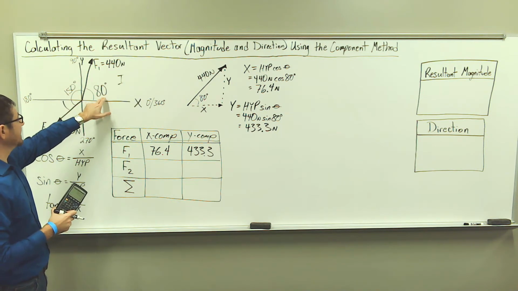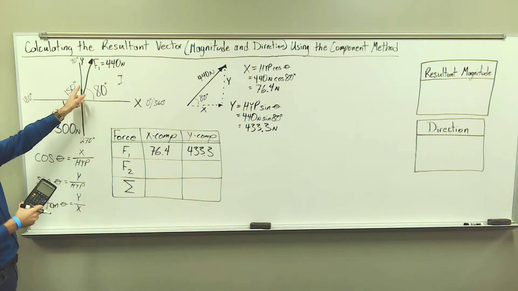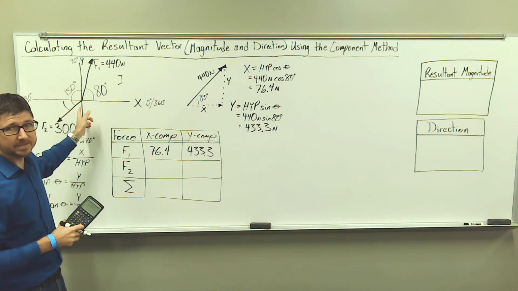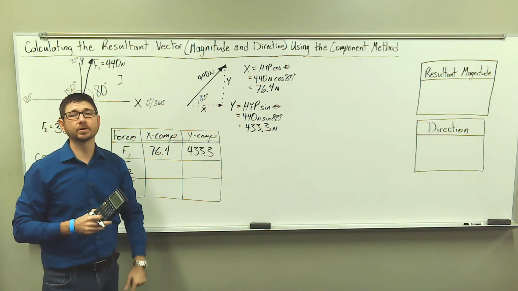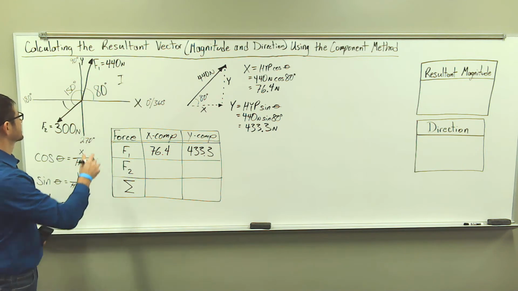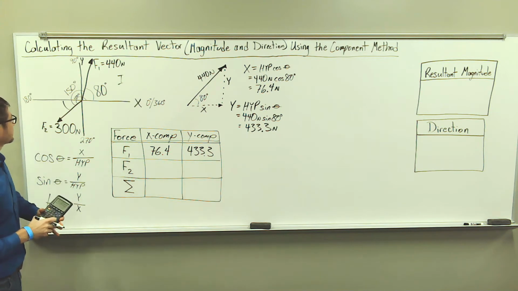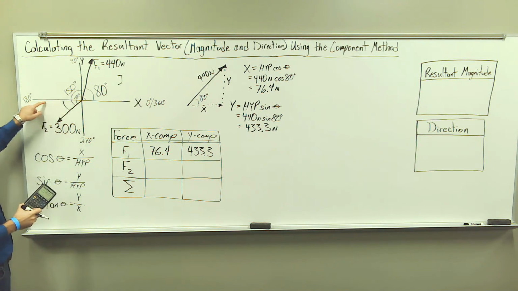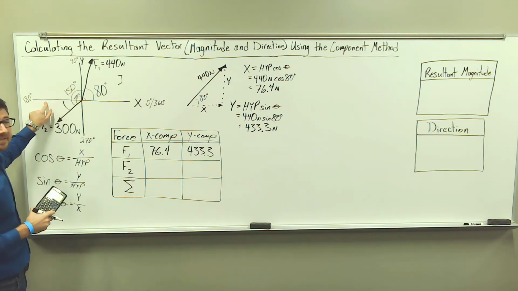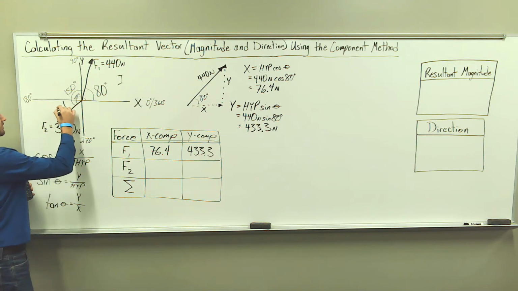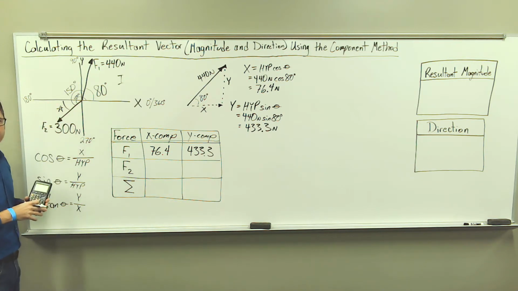So we have 80 degrees plus 150 degrees. So this is going to give us 230 degrees. So I'll just go ahead and write 230 right there. Now, we know that we move past the 180 degree mark. So we're looking for this angle.